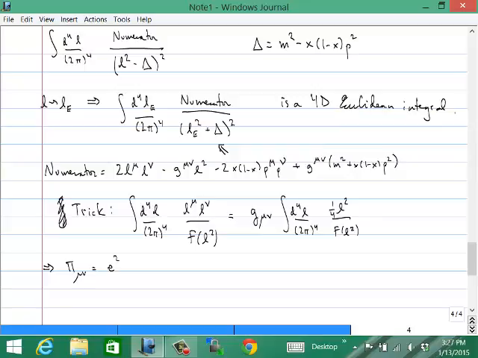But it only depends on a scalar quantity, namely p squared and m squared. And so the only thing you can write down is g mu nu. Another way, for example, I also used the fact that the integral d4L of L mu over any function of L squared had to be 0. I argued it by using L to minus L symmetry. I also could have argued it by using the fact that there's no Lorentz invariant vector.